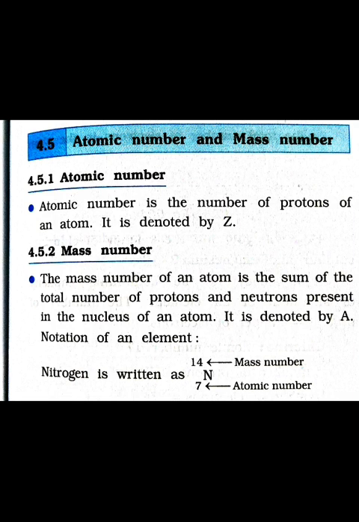So for example, nitrogen. N is the symbol of nitrogen, atomic number 7 and atomic mass number 14. So the mass number is 14. So it can be written as 14 over 7 N, where 7 is the atomic number and 14 is the mass number. Is that clear?